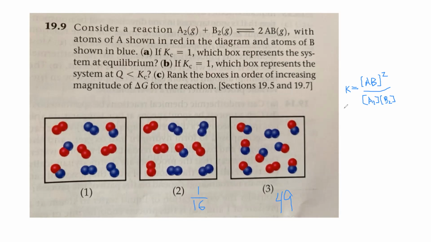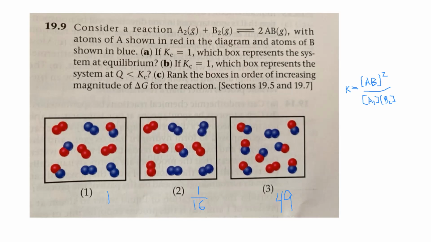And then with the first one here, now we've got 3 of the A molecules, 3 of the B molecules, and then 3 of the AB. So we're going to have 3 squared on top divided by 3 times 3. So in this case, we'll see Q is actually just going to be equal to that equilibrium constant. So in this case, looking at the pictures here, box number 1 is going to represent equilibrium.